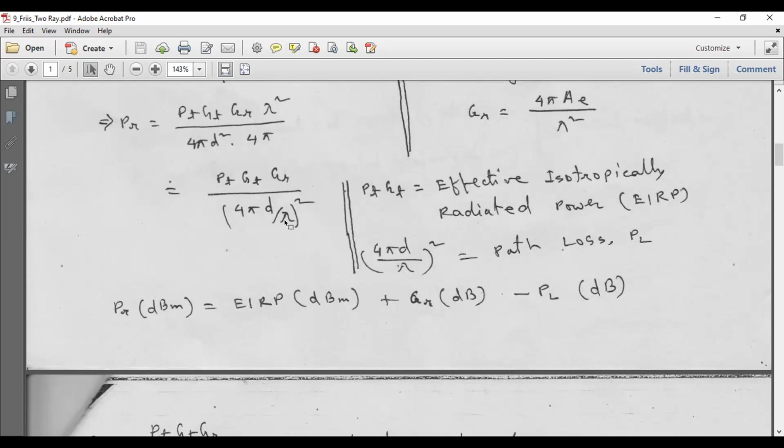After you show the whole thing as dBm, in the next step you can separate some of the terms. Maybe you have to work with one of the terms, maybe this particular term 4 pi by d, you need to work on that part separately. So just separate that in the next step. You can do anything in the equation.